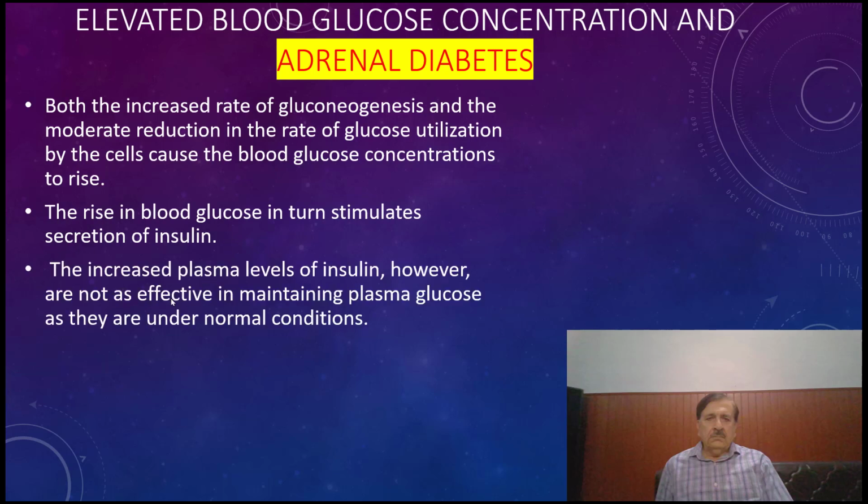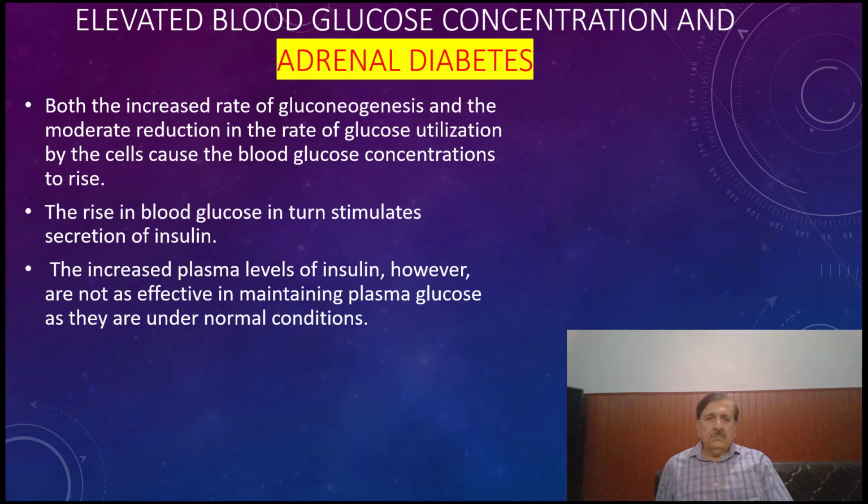The increased plasma levels of insulin are not as sufficient in maintaining plasma glucose as they are under normal conditions. Normally, when there is increased glucose level, insulin is released and the glucose level is normalized.